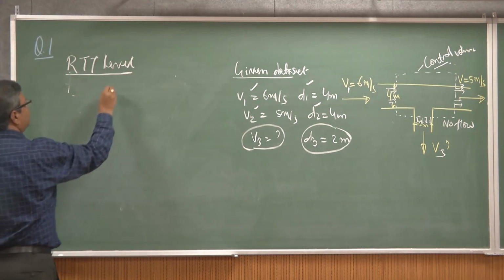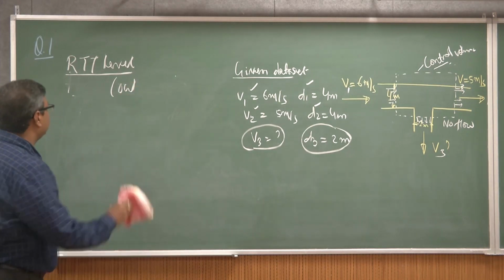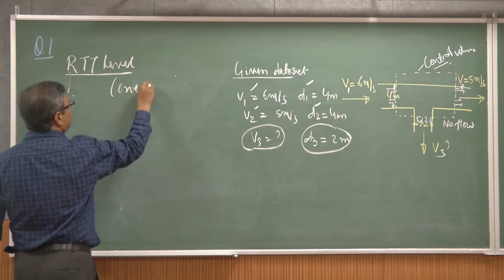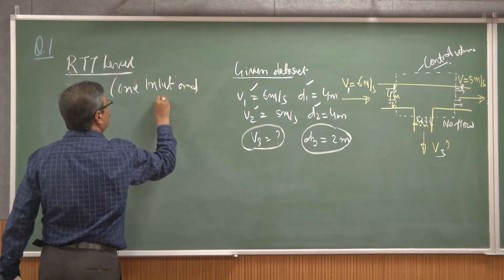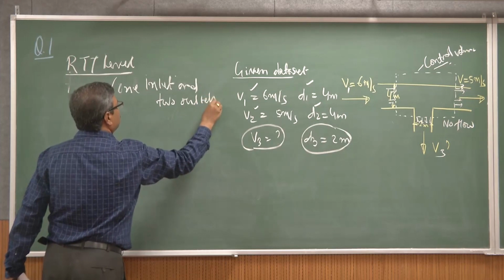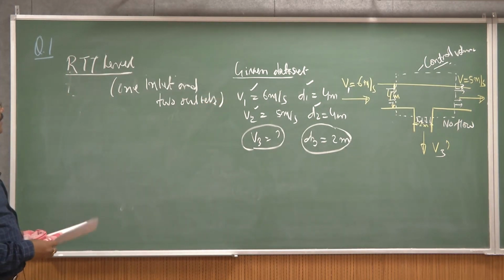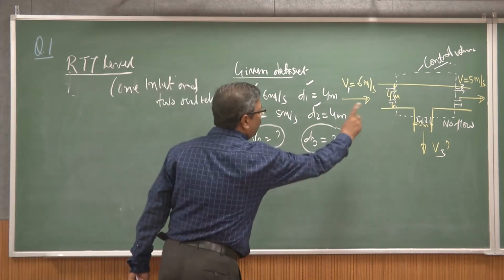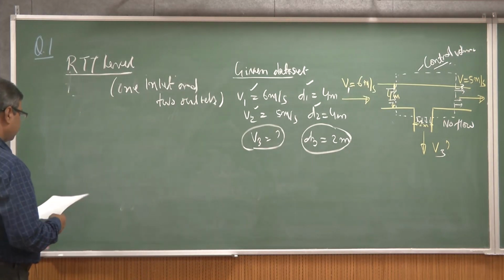Like if it has one inlet in this case and two outlets. So we are just applying the mass conservation equations for this simplified control volume concept.